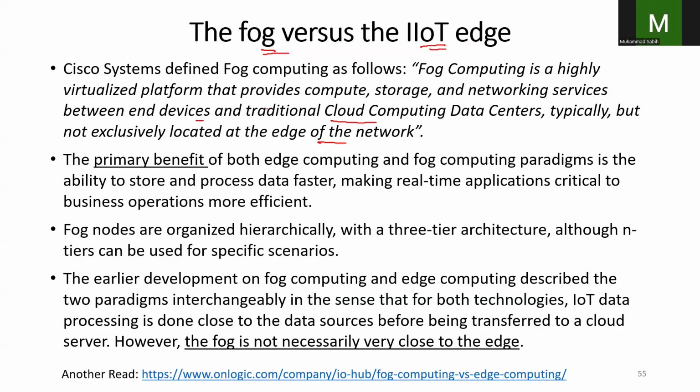This is how Cisco defines fog computing. The primary benefit shared by both paradigms is the ability to store and process data locally, enabling real-time applications and improving the efficiency. This is very important to improve the efficiency of business operations.